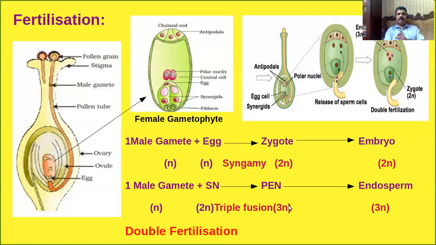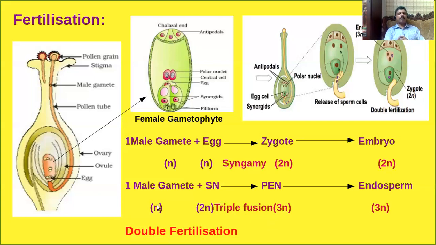Dear students, in angiosperms, a single fertilization consists of two fusions. One is syngamy and the other is triple fusion. That is why the process of fertilization in angiosperms is commonly called double fertilization.